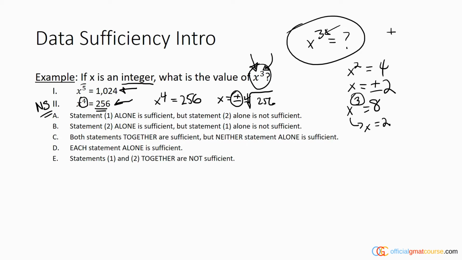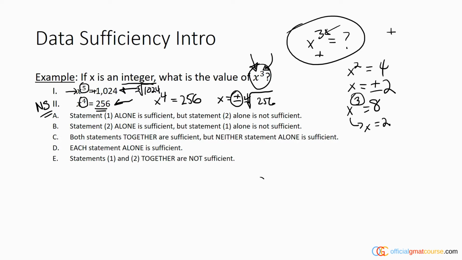Statement 1 is sufficient because I have an odd exponent. So whatever sign x started with is what sign I get on the right. And I get a positive sign, so that means that x is positive. Now I also know that x is equal to the fifth root of 1024. And the cool thing about exponents is there's only one fifth root for any number.